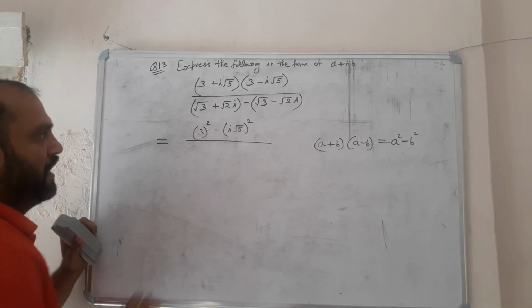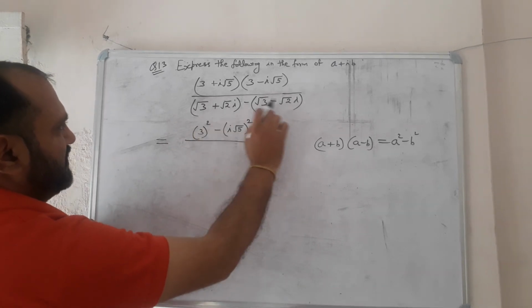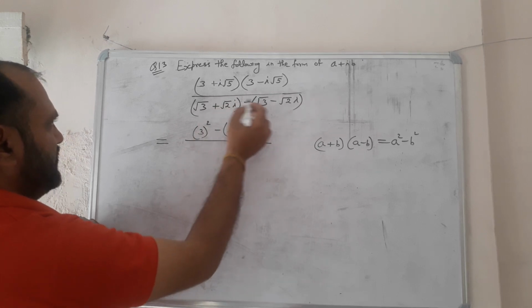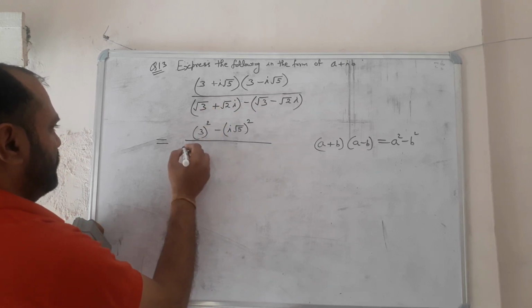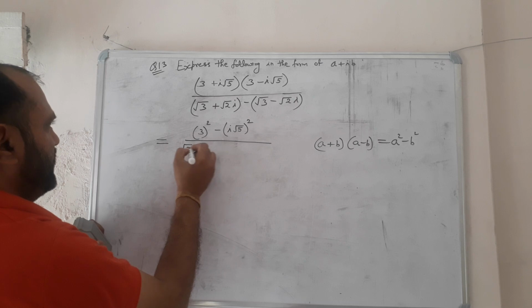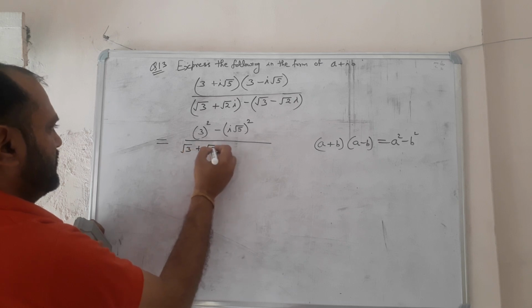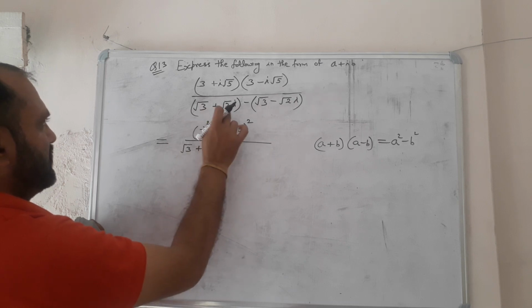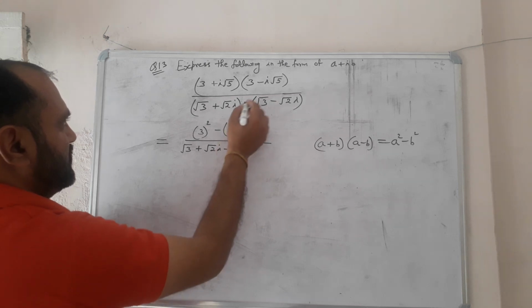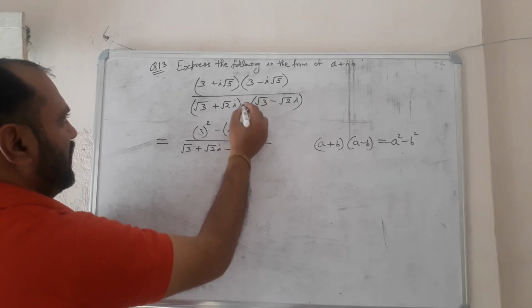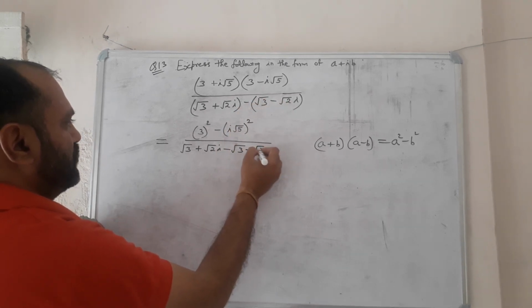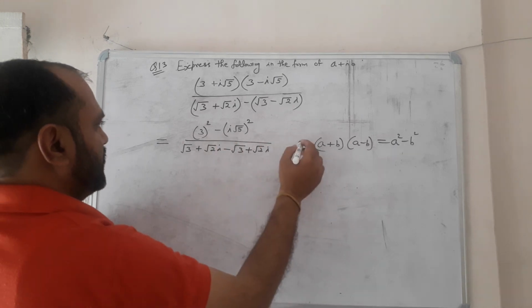Divided by. Now when you simplify this, open this bracket, this root 3 is cancelled out. Means when you open the brackets, this is root 3 plus root 2 iota, this is minus root 3, and this is plus root 2 iota, right?